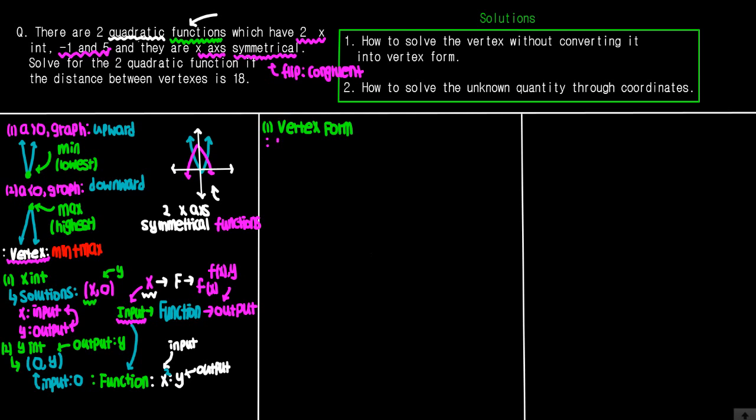Our vertex form was y, which is the output, equal to a times x minus p squared plus q. If you think about what each variable does, the a value is going to be the leading coefficient. The coefficient is the integer beside a variable.